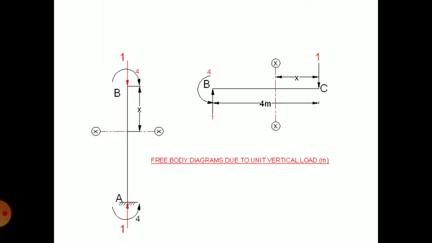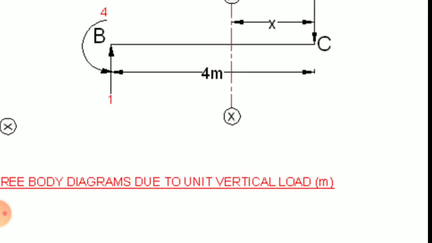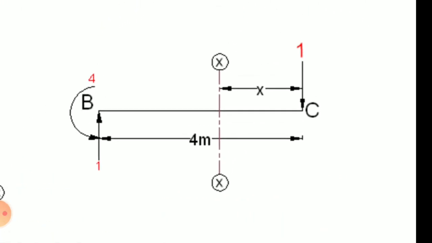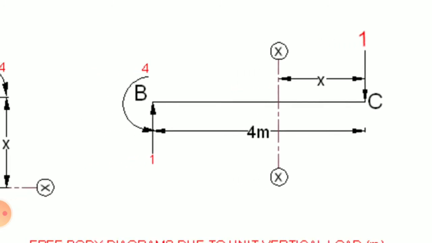Then let us take a free body diagram due to unit vertical load at C. We are required to find the vertical deflection at C. So apply a unit load at C, and the section is considered from C, that is XX. So moment at any point will be 1 into x. Then moment at B will be 1 into 4, and the reaction will be equal to 1.